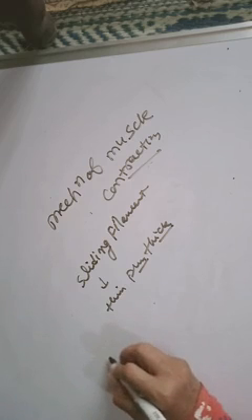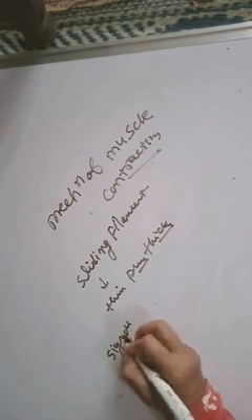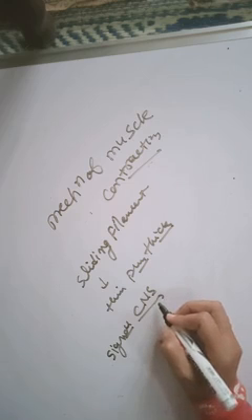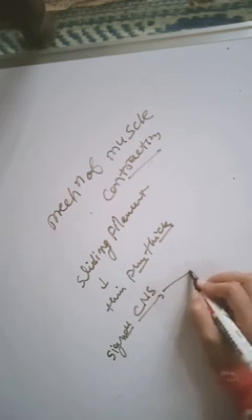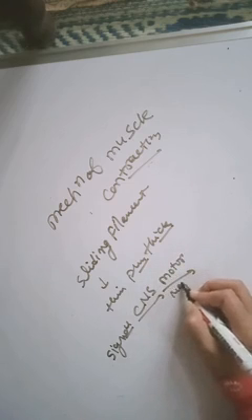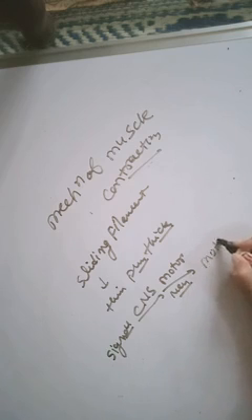Muscle contraction is initiated by a signal sent by the CNS through a motor neuron. A motor neuron along with the muscle fibers connected to it constitutes a motor unit.